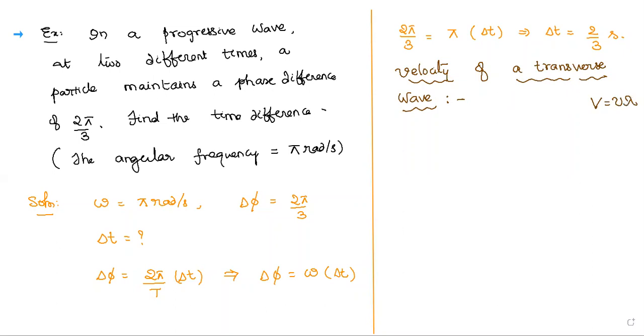This is a common formula. Even if it is an electromagnetic wave, we can write v is equal to nu lambda. This is the wave equation. But if it is particularly a transverse wave, then how to calculate the velocity of the transverse wave?